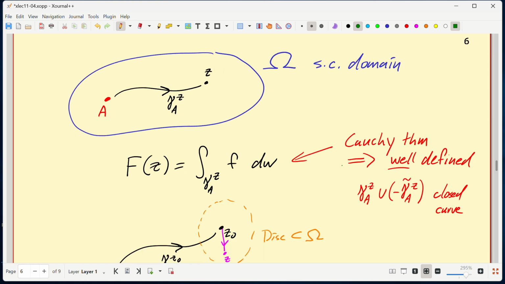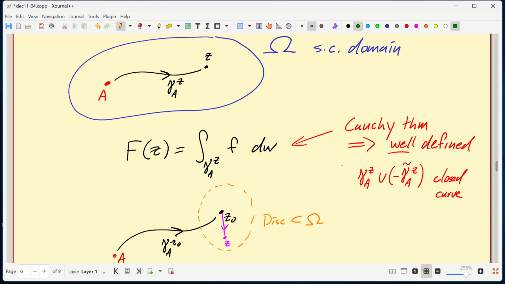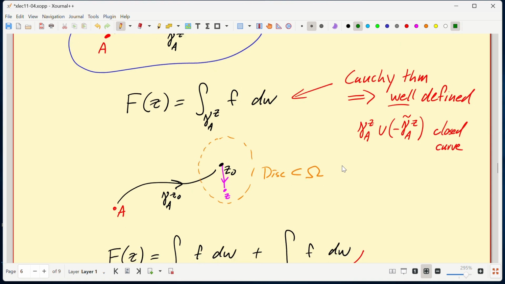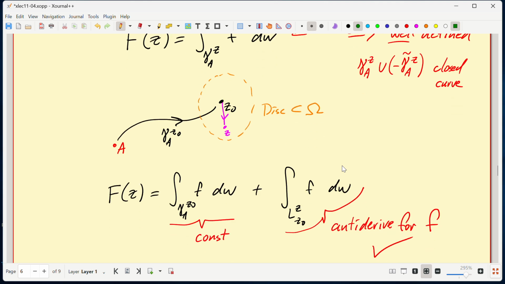That's the hard part. Once you know it's well defined, then you're set. Because you can start and go to a center of a disk, Z0, and then take the line segment going from Z0 to Z and get yourself a curve that starts at A and ends at Z. And that one, we know is an antiderivative for little f on that little disk.